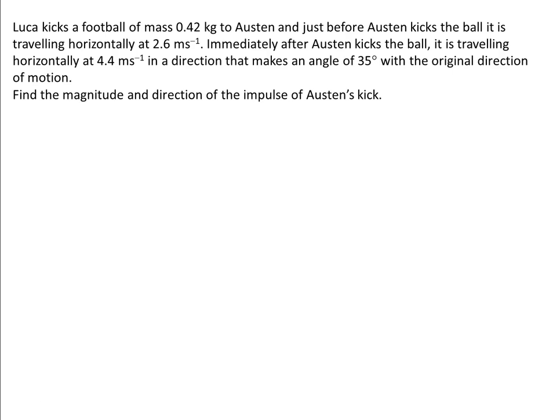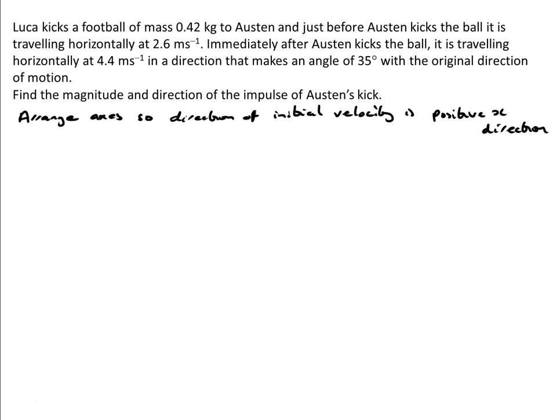So we need to start with a diagram, and because we've got things happening in two dimensions, we need to be fairly clear about setting up some axes so we can express the velocities using vectors. So we're going to arrange the axes so that the direction of the initial velocity is the positive x direction.